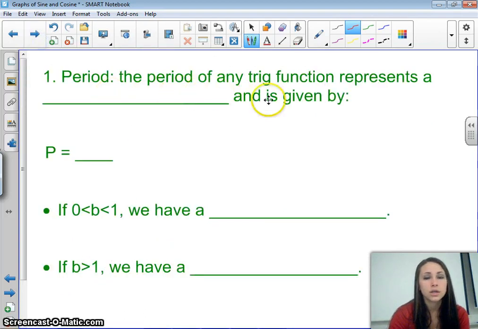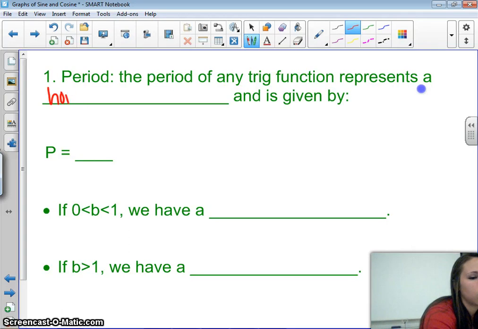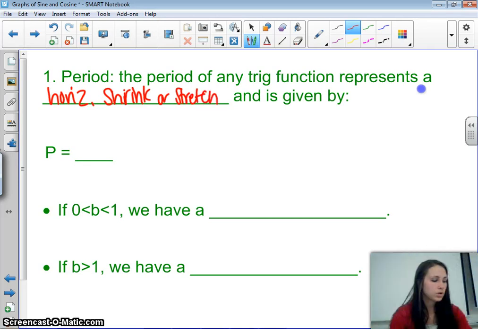So the period is given by a formula, so you need to know this formula. But the period of any function represents a horizontal shrink or stretch. You can just look at the graph and tell whether it's a shrink or a stretch, but I'm not extremely concerned with you knowing that. I just mainly want you to be able to find the period of a function.